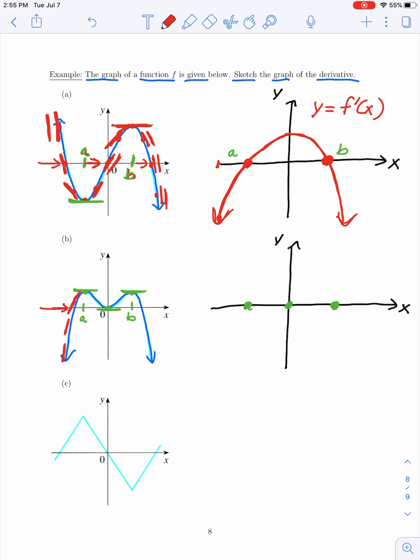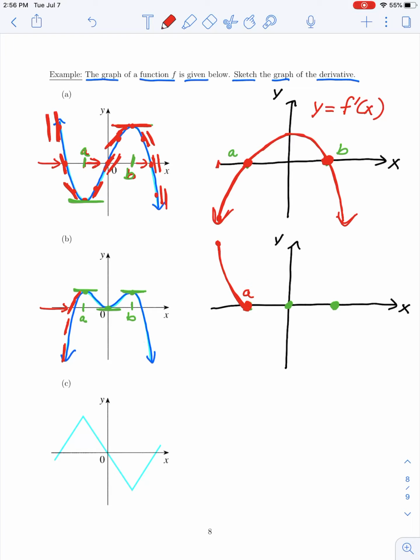So for the graph of my derivative, I started with relatively large positive values for y, and then the slope of my tangent line remained positive but started flattening out, decreasing towards 0 until we hit that point x equals a, where we had a horizontal tangent. So we're passing through 0.